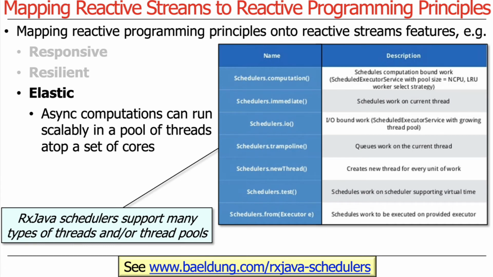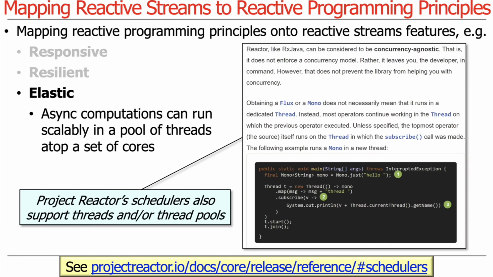Next topic is elasticity. How you get elasticity, how you get to scale things up as workload grows, is by allowing asynchronous computations to run in a pool of threads atop a set of cores, which then allows the system to grow and scale more effectively. And there's a bunch of different ways to do this. RxJava has these things called schedulers, and there's a whole gaggle of them. There's an IO scheduler and a computation scheduler and so on. And then Project Reactor also has a bunch of schedulers as well.